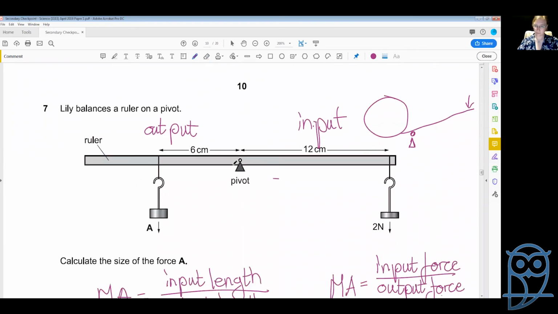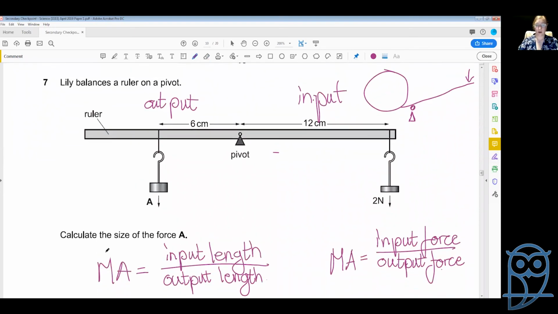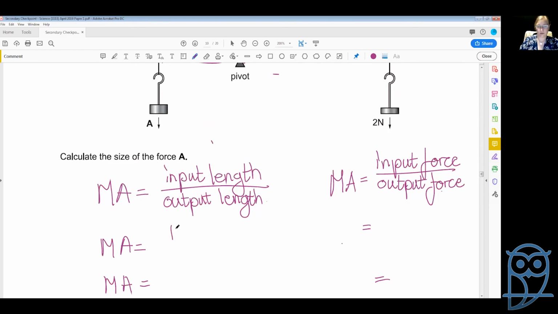Okay, so now my first formula says we need our input length over our output length. So that is this distance over here and this distance over here. That is our input and output lengths. So our input length here is 12 centimeters and our output length is 6 centimeters.